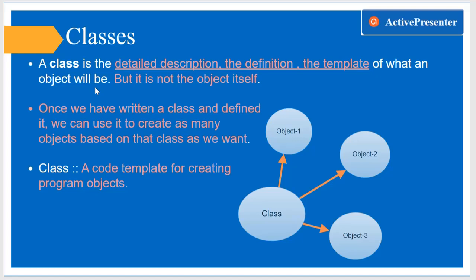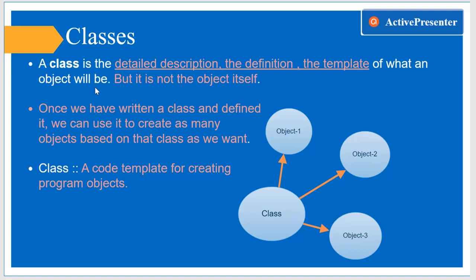But a class is not the object itself. So remember this. A class is the detailed description, the definition, the template, the blueprint of what an object will be, how the object will look. But it is not an object itself.